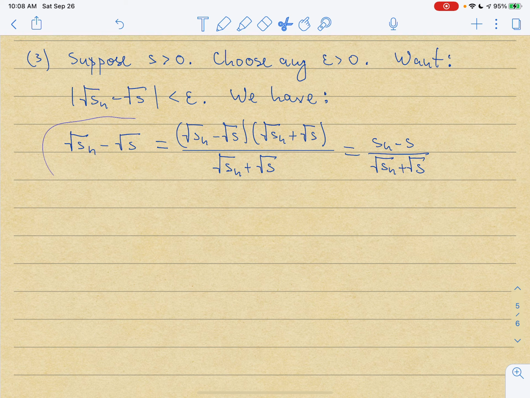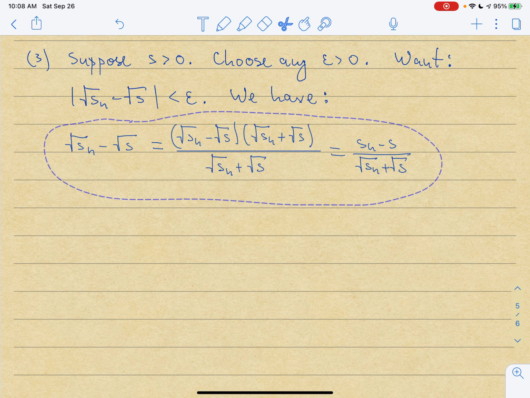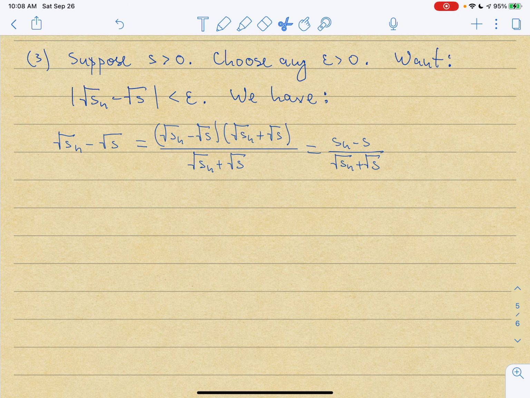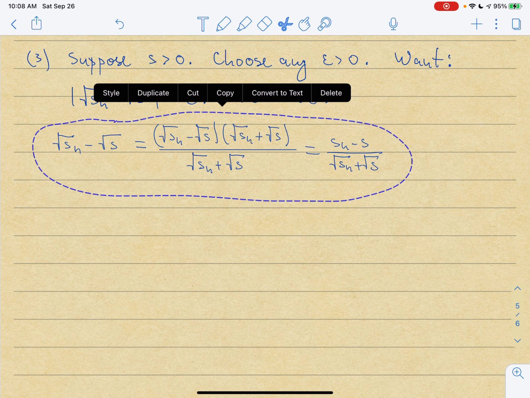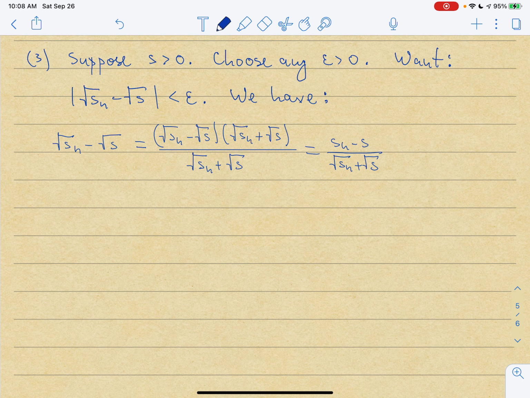If I do so, I'm removing a positive number from it, so the denominator will become smaller, and because it becomes smaller, the fraction will become bigger. So this is less or equal, because Sn in principle can be equal to 0, than 1 over square root of S times Sn minus S.